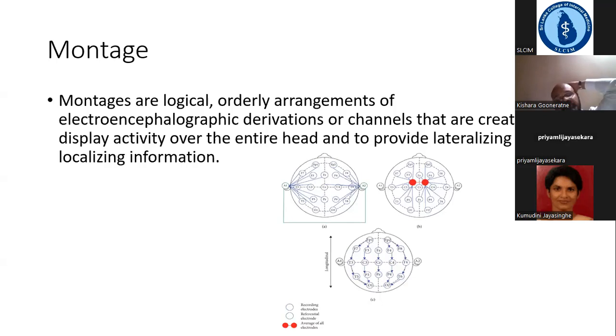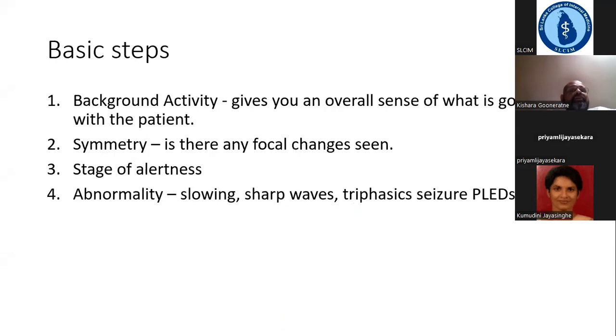We use these various patterns to improve localization and lateralization of the EEG signal, mainly for epileptiform discharges, where we try as much as possible to localize where they are coming from. So these montages are important in interpreting that.